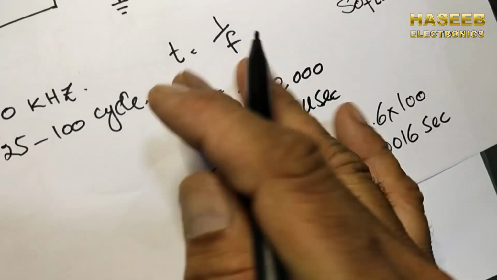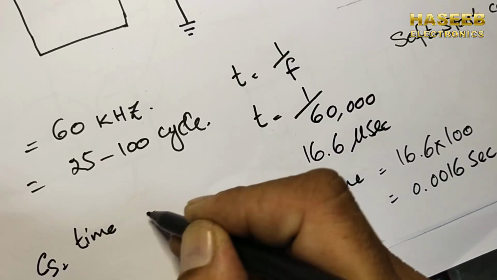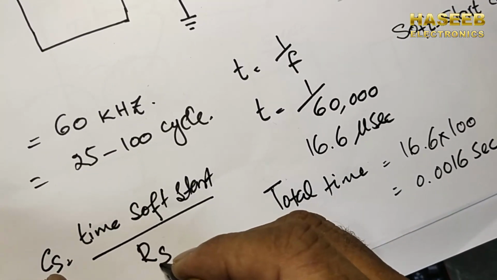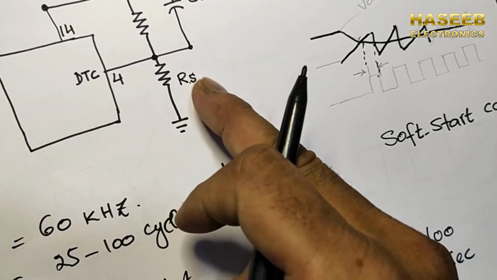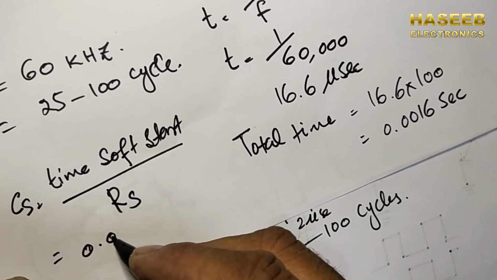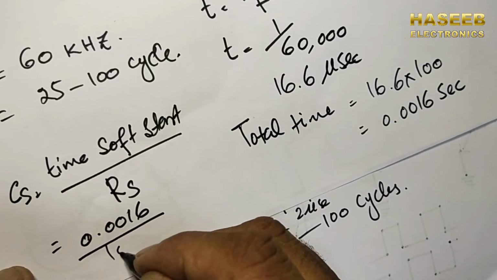Now we need the value of this capacitor. Soft start capacitor equals soft start time divided by R soft start, this resistor that is for dead time control. So we need 0.0016 seconds divided by the 1K resistor.